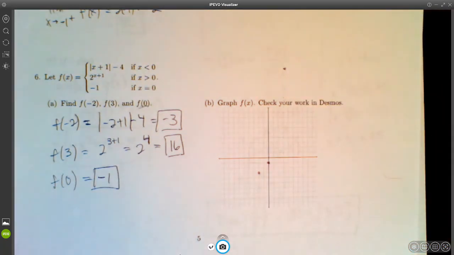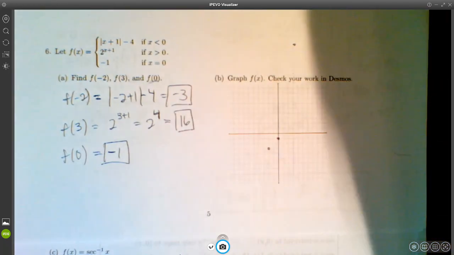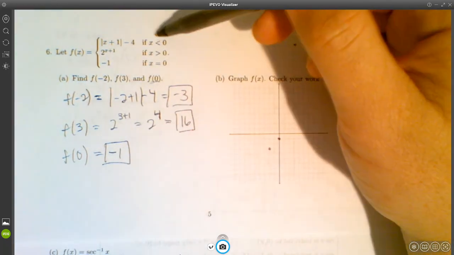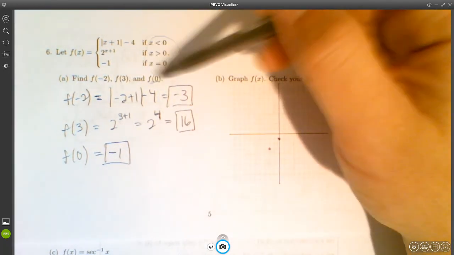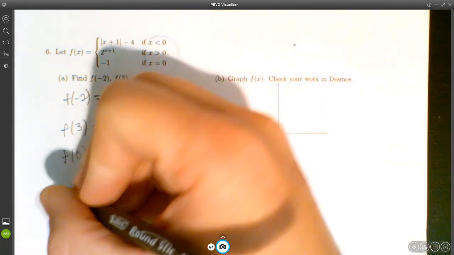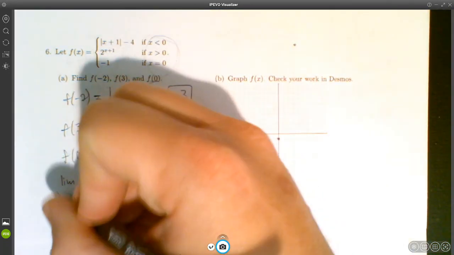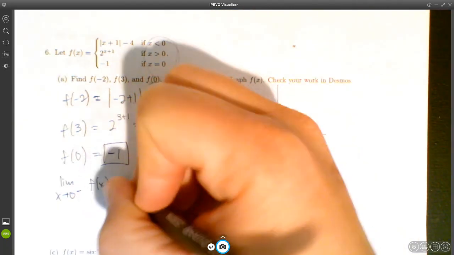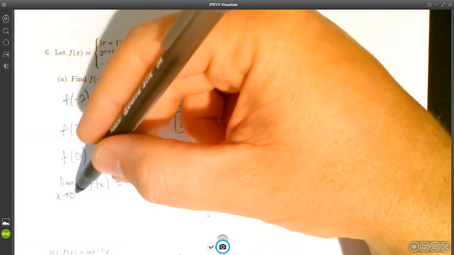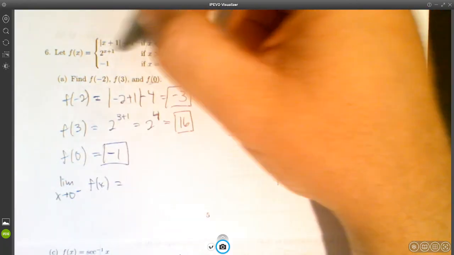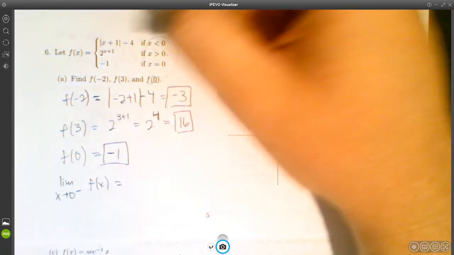Maybe that doesn't give us a huge amount of help, but notice that the place where the rule changes is right at 0. So I'm interested in looking at some limits. The limit as x approaches 0 from the left of f of x. If I'm approaching from the left, I'm going to be plugging in values slightly less than 0, which means I'm going to be using the top rule. So what value am I approaching?